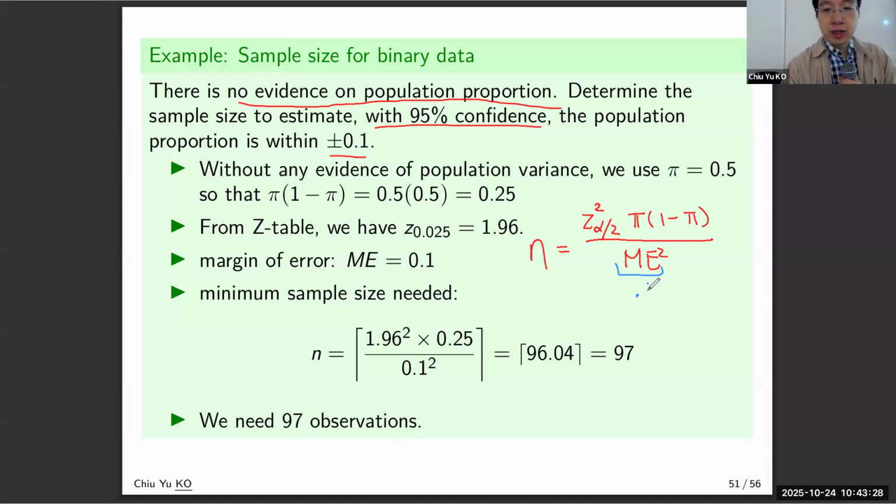ME is 0.01. Z is 1.96, squared. And for pi, since we don't know, we use half and half.